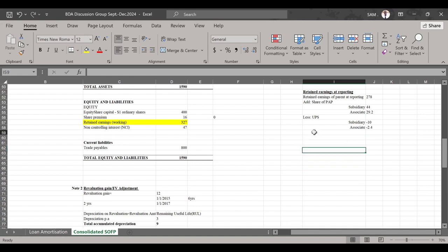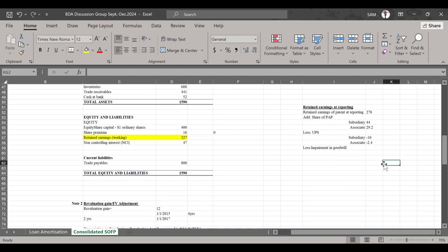Then there is also, when we were calculating goodwill, you remember we did some impairment. Less impairment in goodwill. We know goodwill is part of the assets, and assets adds up to the value of a company. So when goodwill is affected, then it affects the total equity of that company. So any impairment in that goodwill will also translate and affect the total retained earnings at reporting.